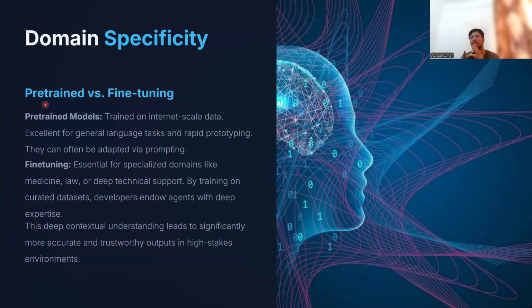Now, domain specific tasks. For example, you want a medical law expert agent, but there are no models that are expert in medical law. We have general models that are trained on massive internet scale data, so they are experts on general domains.